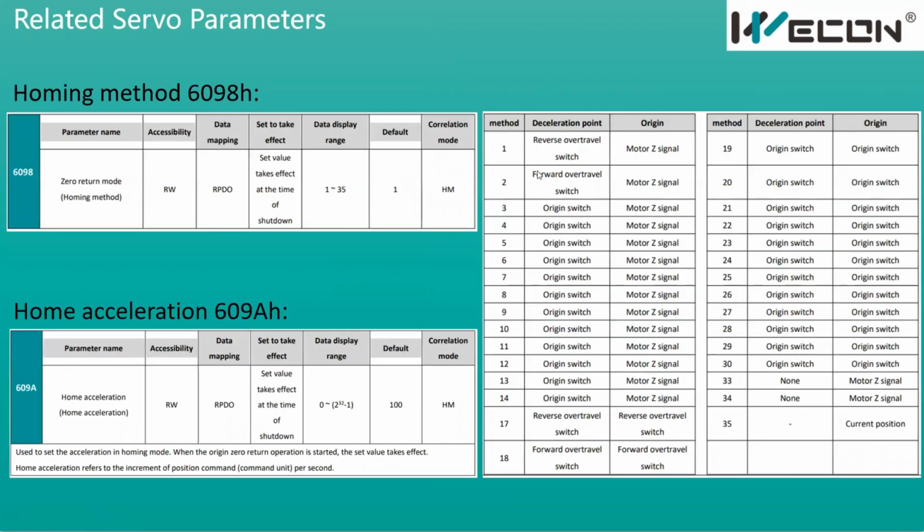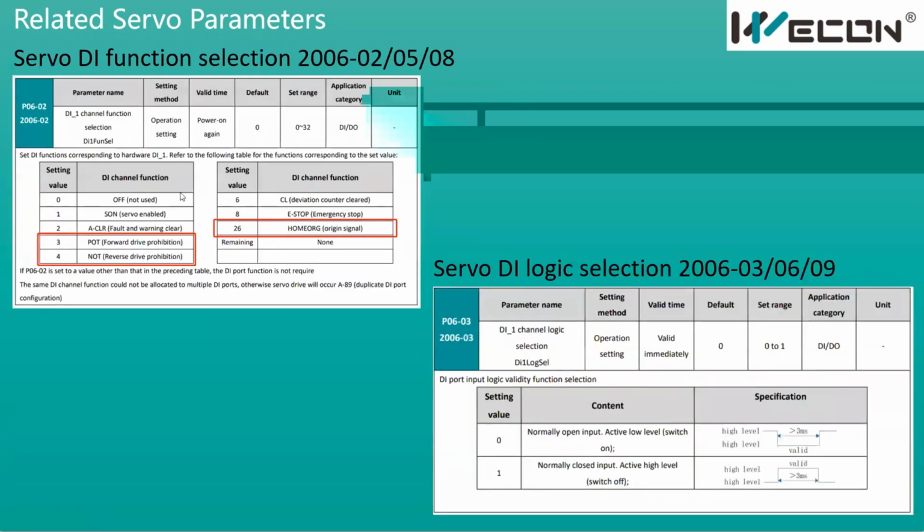We could see in this table, here are the orange switch, the forward over travel switch and the reverse over travel switch. For these switches, we need to set them in the DI configuration.